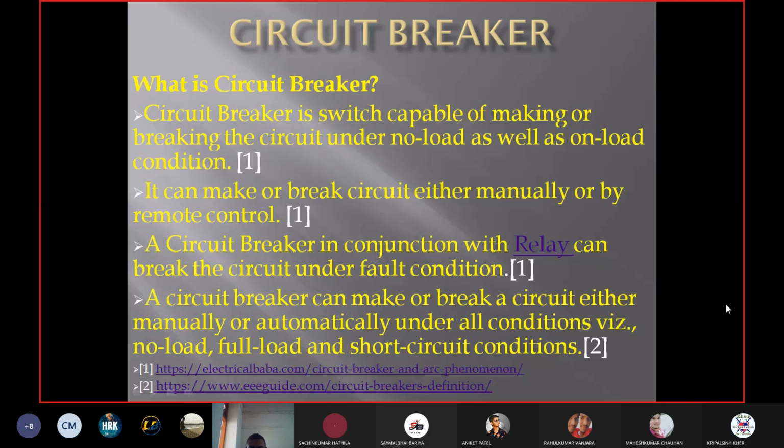So when a fault occurs, the circuit breaker, in communication with the relay, can break the circuit. It can also operate under the faulty condition. So it is a switch which can operate in no load condition, full load condition, as well as the faulty condition. A circuit breaker can make or break a circuit either manually or automatically under all conditions: no load, full load, and faulty condition, or we can say the short circuit condition.